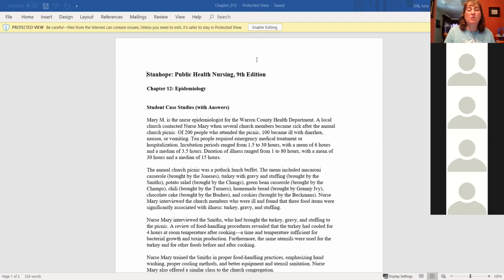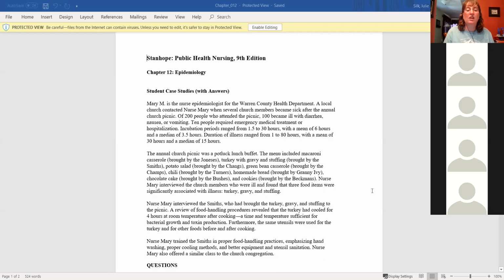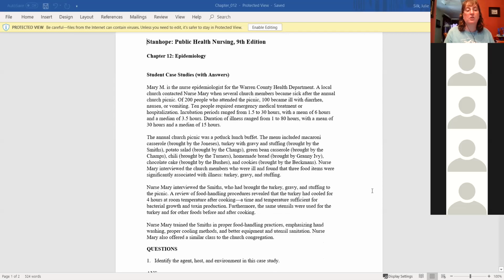Nurse Mary trained the Smiths in proper food handling practices, emphasizing hand washing, proper cooling methods, and better equipment and utensil sanitation. Nurse Mary also offered a similar class to other church people in the congregation. So identify the agent, the host, and environment in this case study.